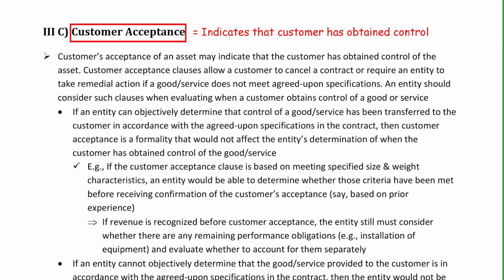So customer acceptance could be an important consideration before revenue recognition, except if an entity can objectively determine that control of a good or service has been transferred to the customer, and the customer acceptance is only a formality.